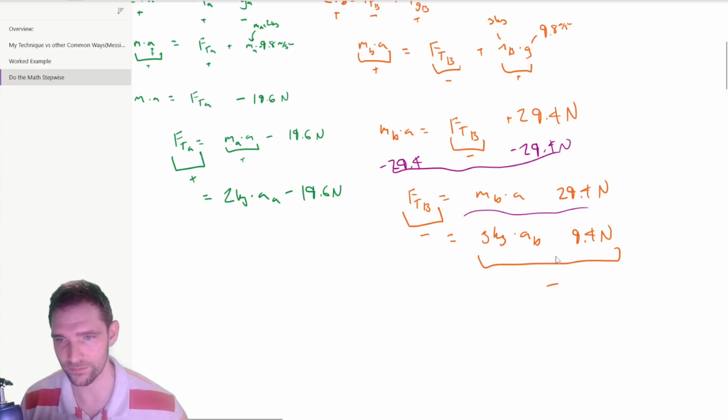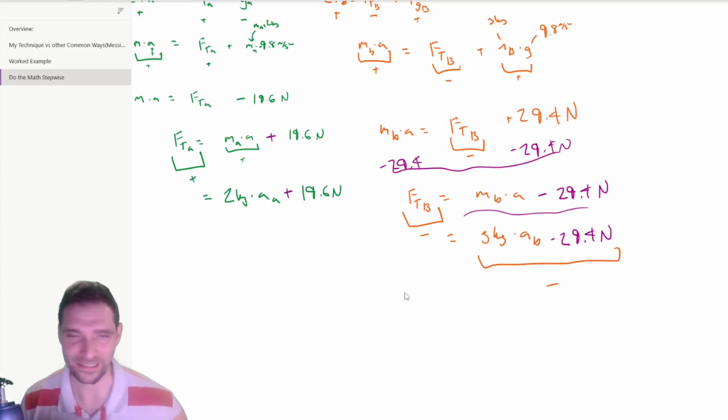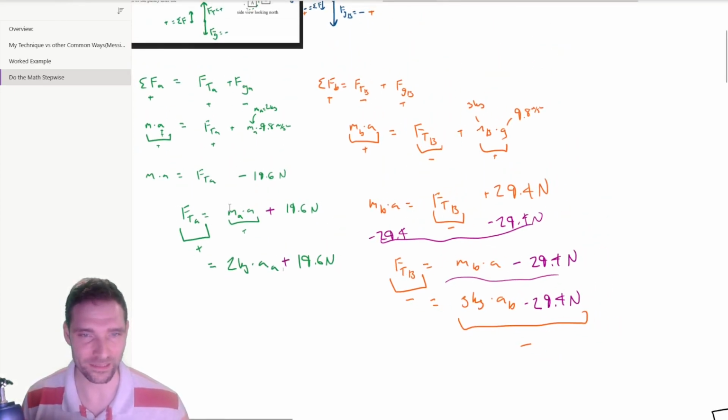It should be a negative for the second number, which means we also need to flip our signs on this one. So this one should now be a positive 19.6. So those were flipped, but I forgot to bring it over correctly. Silly mistakes like that do happen.